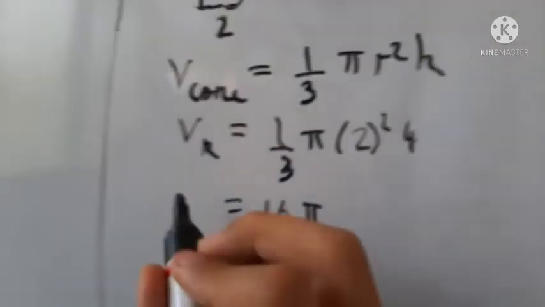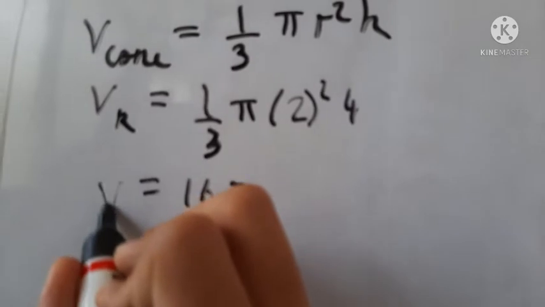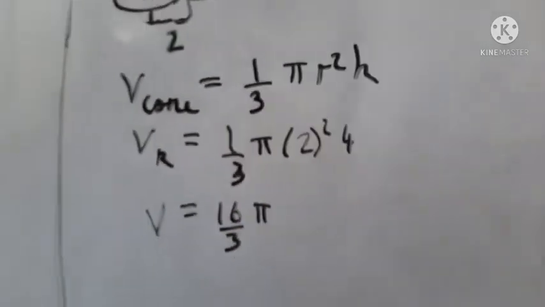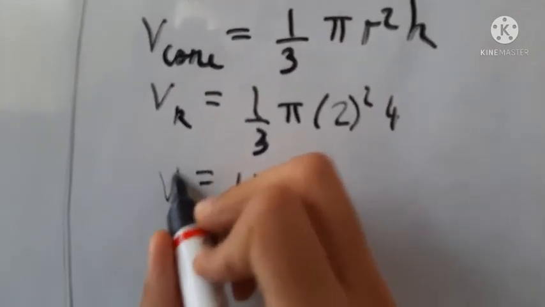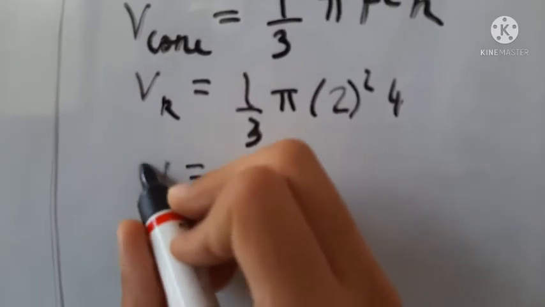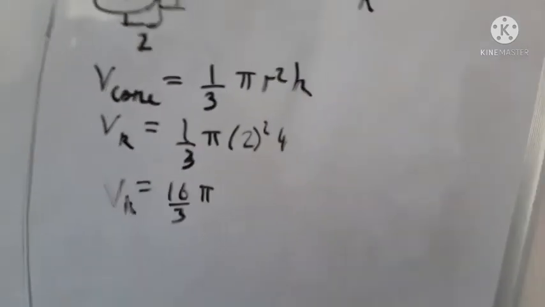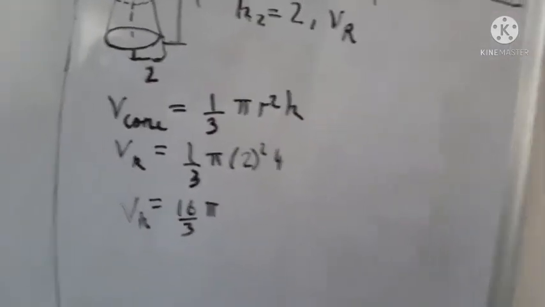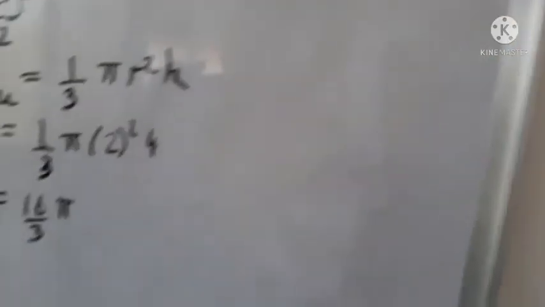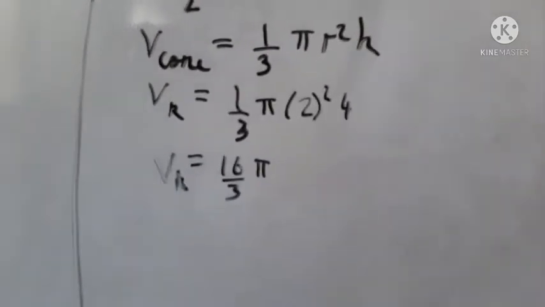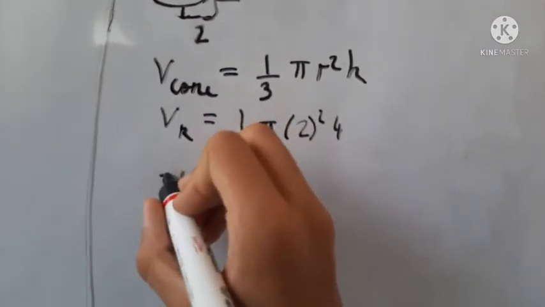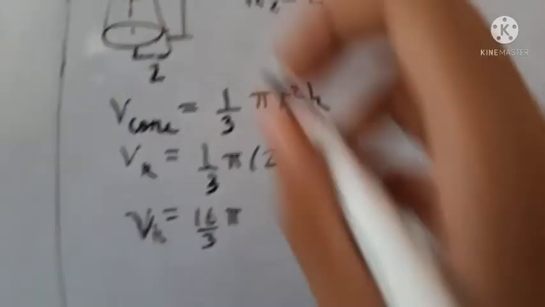Yep, that makes sense. V of the Kiss is 16 over 3 pi, right? Now we move on to calculating the volume of the bite.